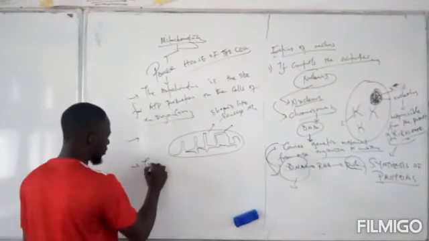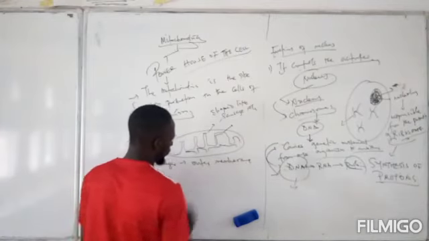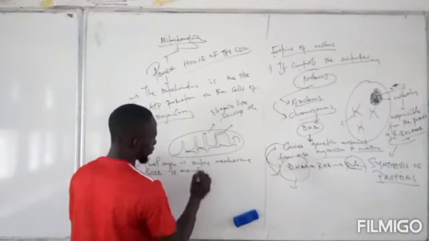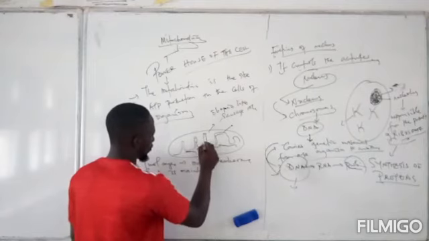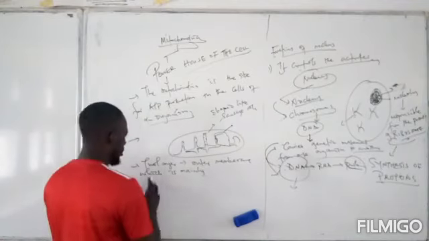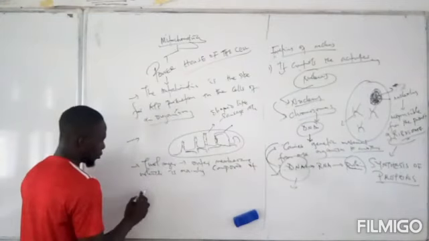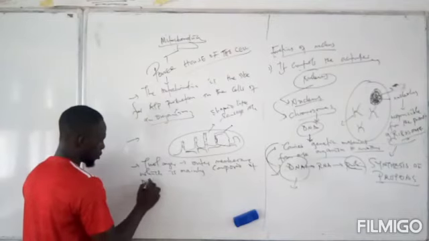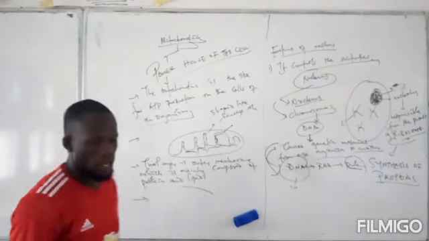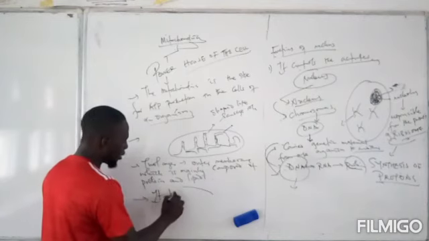It is made up of two layers. An outer membrane, which is mainly composed of protein and lipids, and also has an inner membrane.